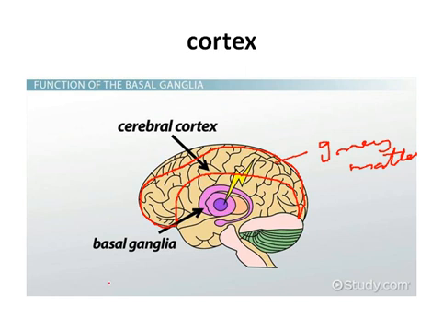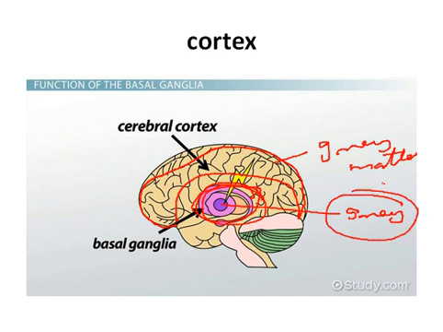Basal ganglia means at the base of the cerebrum. So this is the cerebrum or cerebral hemisphere. At the base, deep inside the cerebrum, you can see a group of gray matter. Here also you can see gray matter surrounded by white matter.